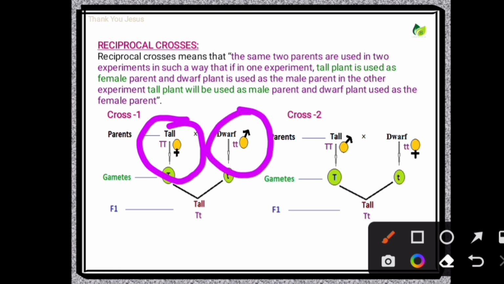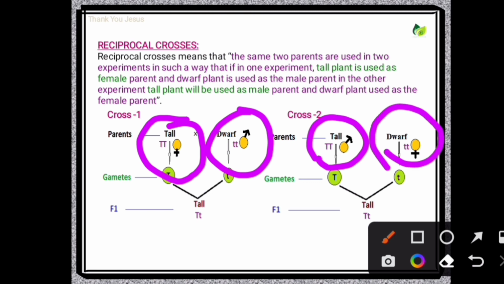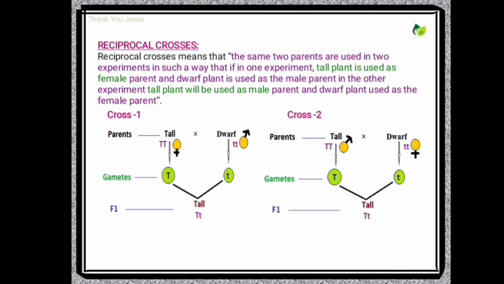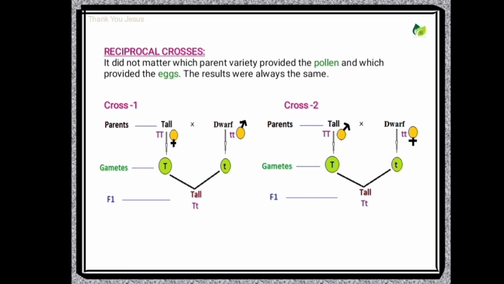In the other cross, the tall plant is used as the male parent and the dwarf plant is used as the female parent. Such two crosses are called reciprocal crosses. It did not matter which parent variety provided the pollen and which provided the eggs. The results are always the same. In other words, the reciprocal crosses gave the same results.